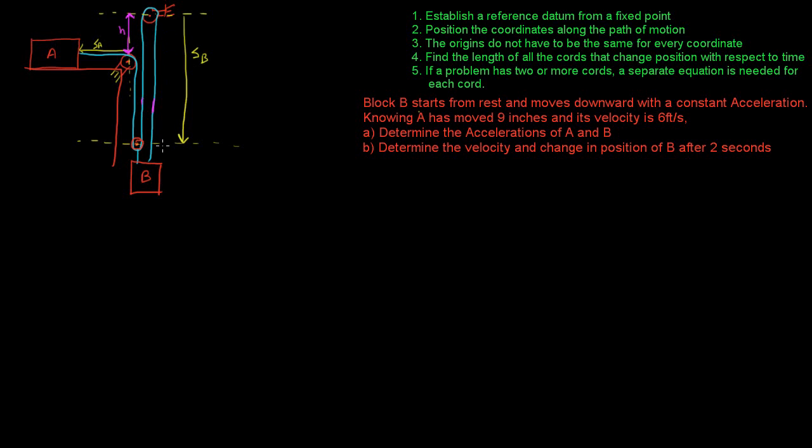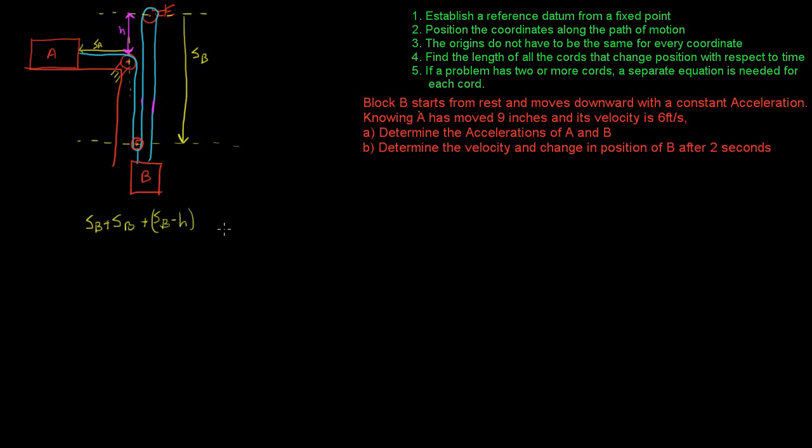So now if we go through and trace our cord, we have S_B plus S_B, and then we have the length of this cord, which is S_B minus H, plus S_B minus H, plus the length right here.